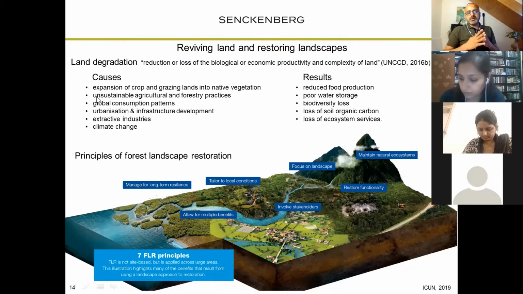At the time being, we're increasing food production by bringing more land into agriculture or grazing sectors. But in the long term, we are going to have reduced food production, because it would dramatically damage the soil quality, ecosystem services, and biodiversity of those areas.